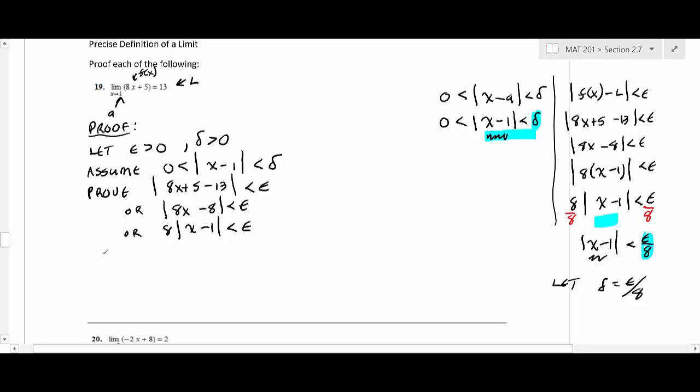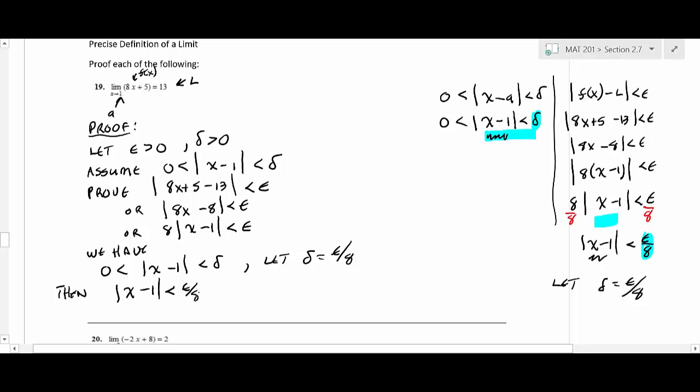So what we do is we just write this down. We can say we have 0 is less than x minus 1 less than delta, and then we can now let delta be epsilon over 8. Then we can just write this as x minus 1 is less than epsilon over 8.